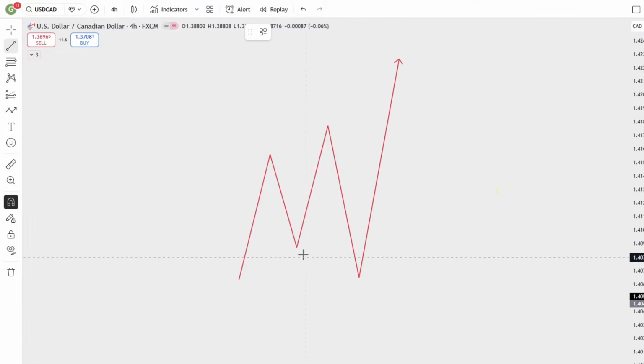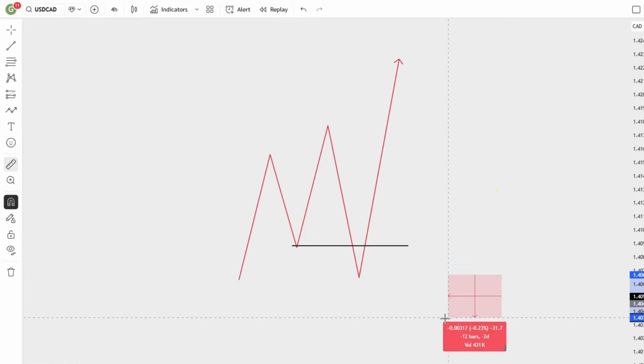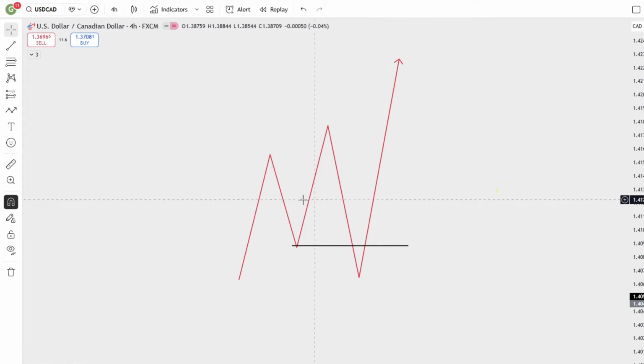You have to have this turtle soup right here to validate a structure. You only validate the structure once you have this turtle soup, once you have a liquidity purge of internal liquidity. You're going to learn what is internal and external, but first I need to show you this.